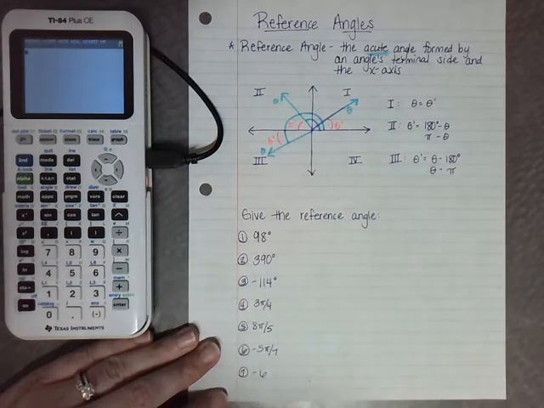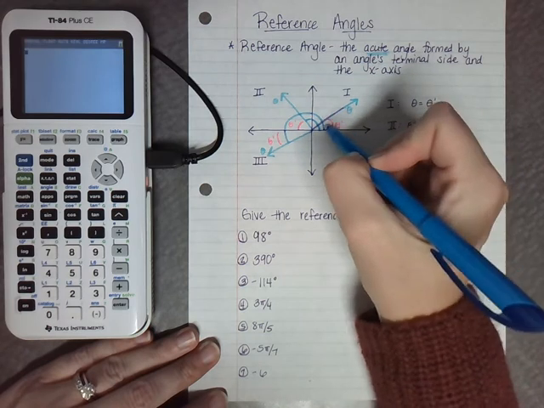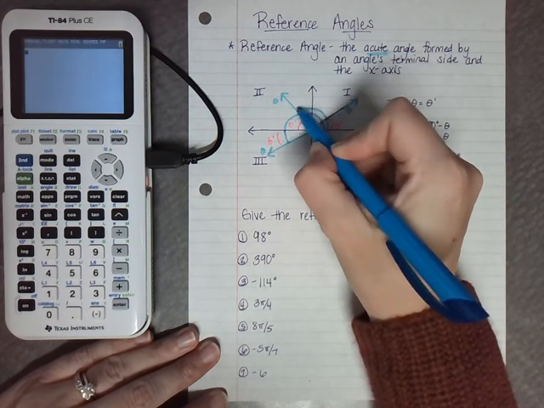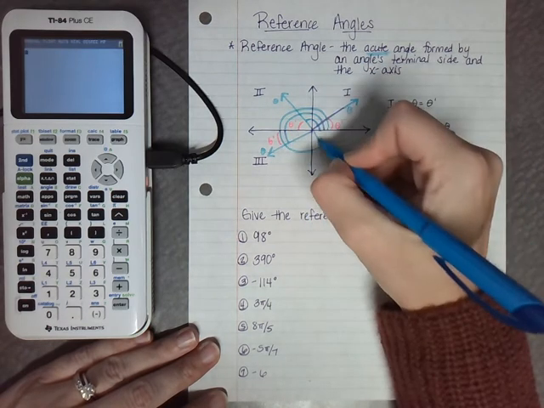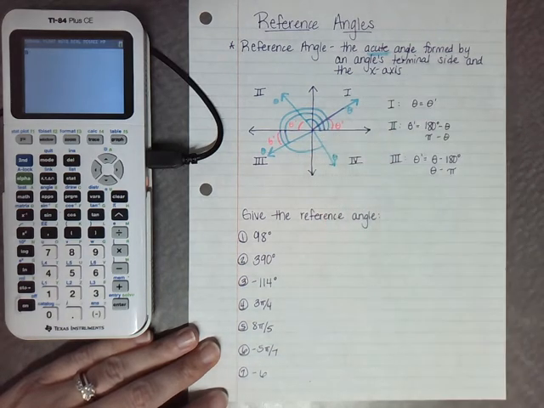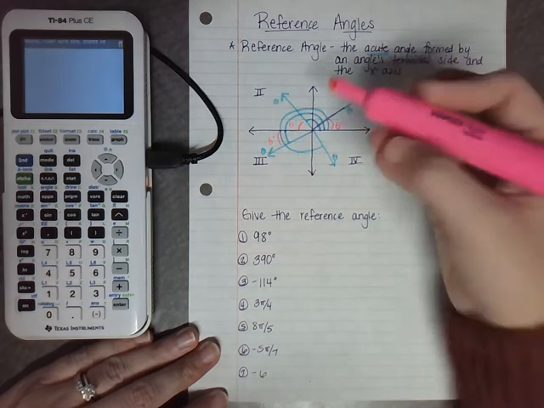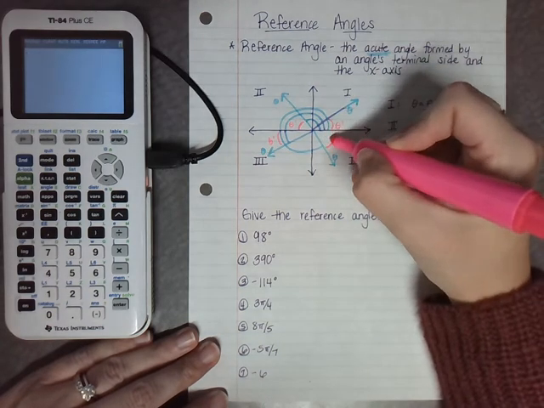And now let's look at quadrant 4. If we're in quadrant 4, we start here at 0, we go all the way around, and we're over here in quadrant 4. So this is theta. Well, now the closest side of the x-axis is the right side again, so theta prime is this angle right here.